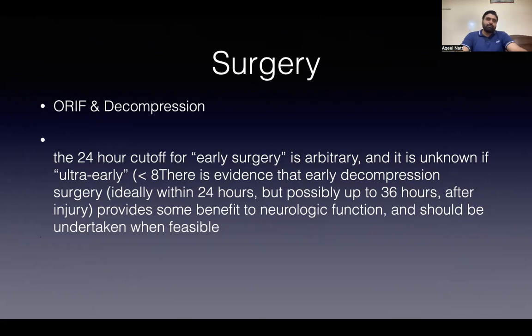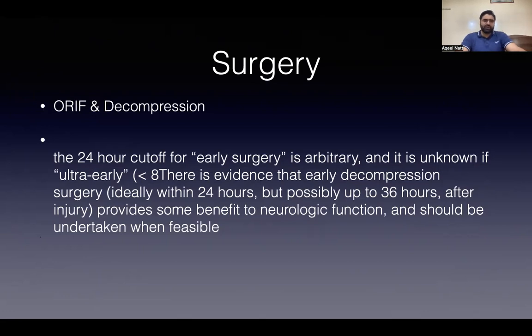It's very important that you do this within 24 hours if it's needed. And the best time is less than 8 hours. If you decompress the spine in less than 8 hours, that's the best time. That's the golden time. It's the earliest surgery, but it should not be delayed more than 36 hours.